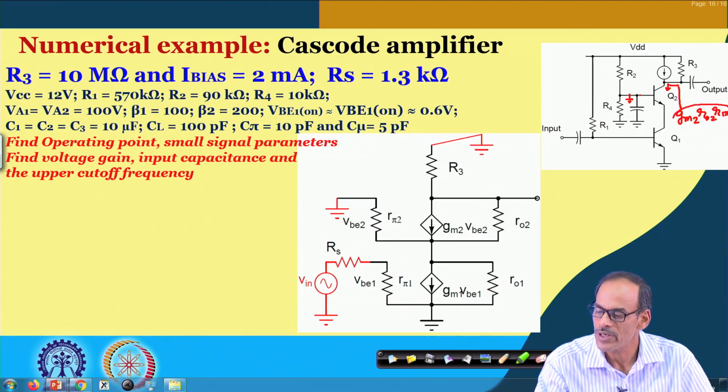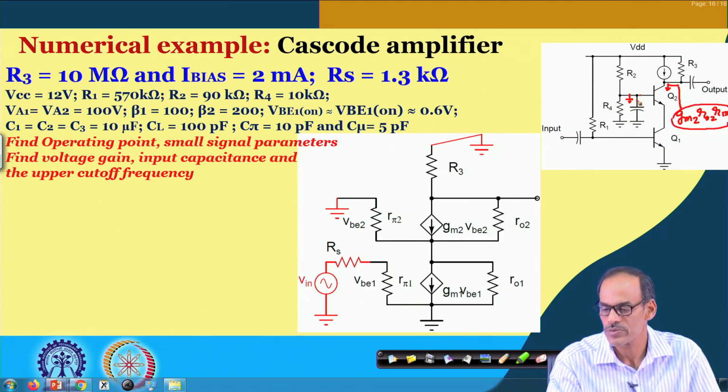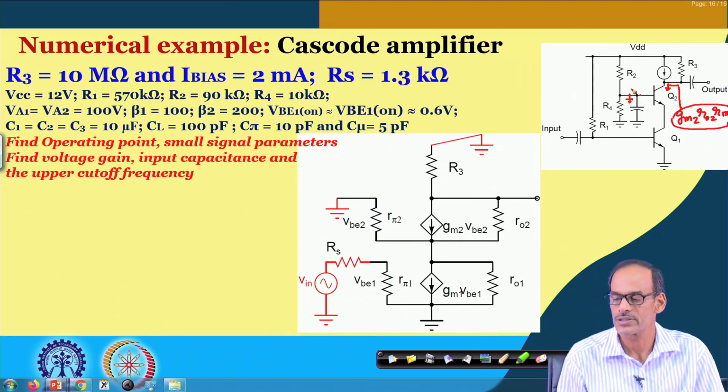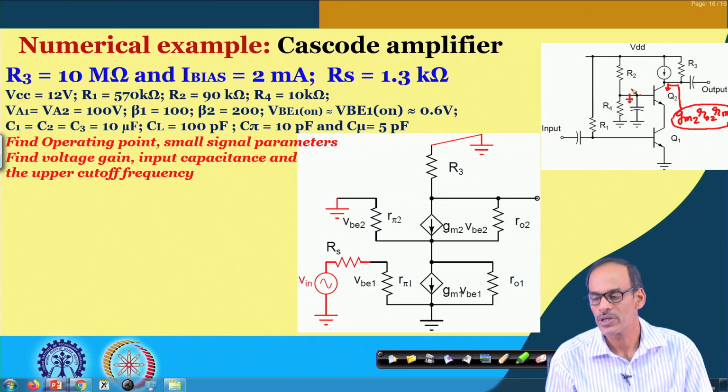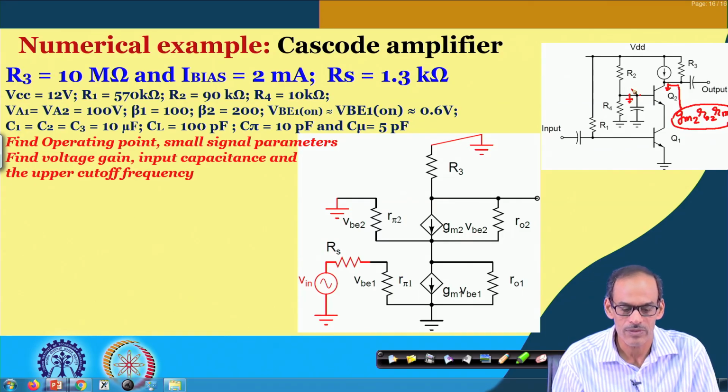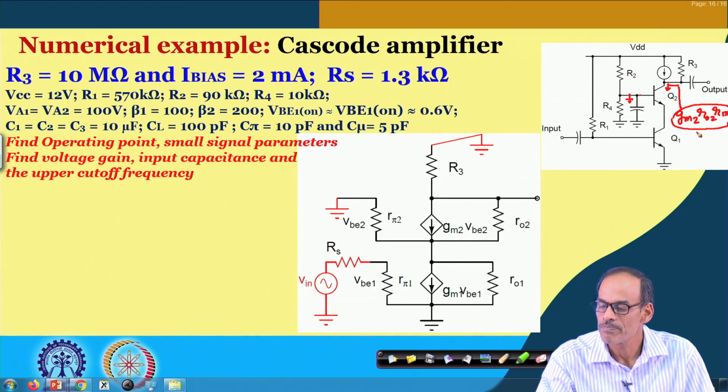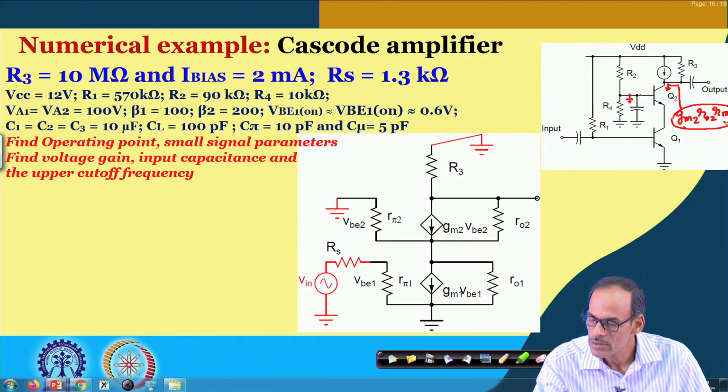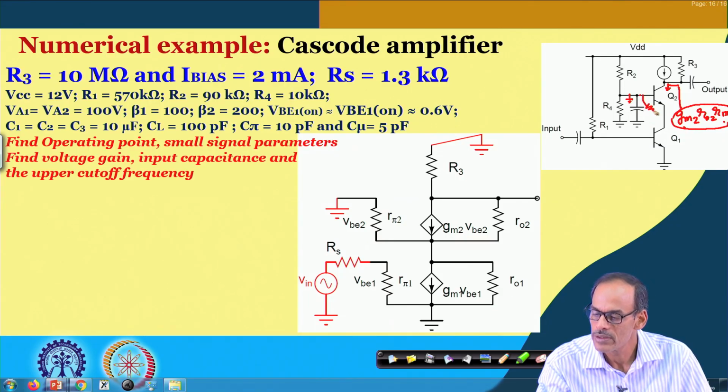So, if I calculate this value, of course, for DC we cannot say this is ground, but for the time being let me tolerate such things. If you do so, the corresponding rπ is coming in parallel with ro1.